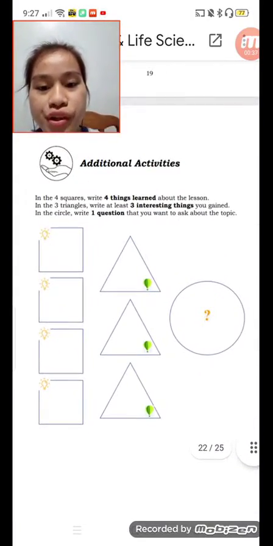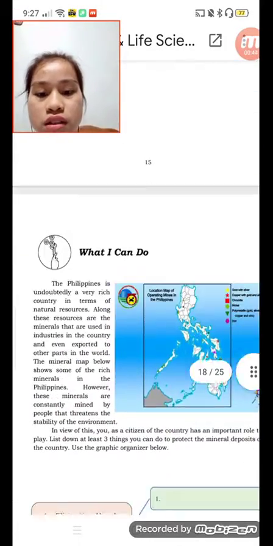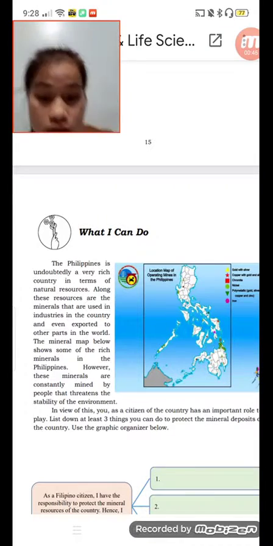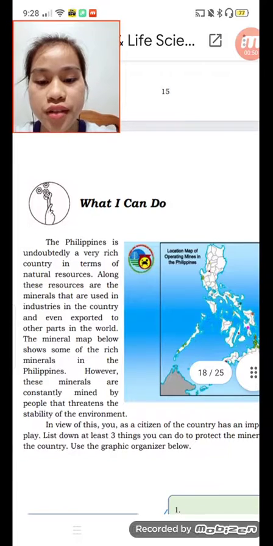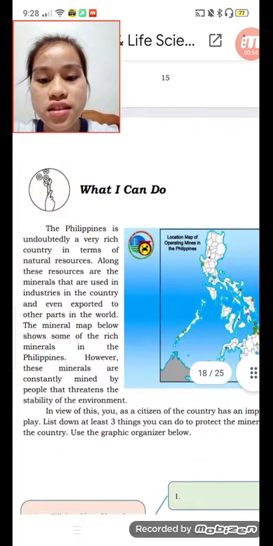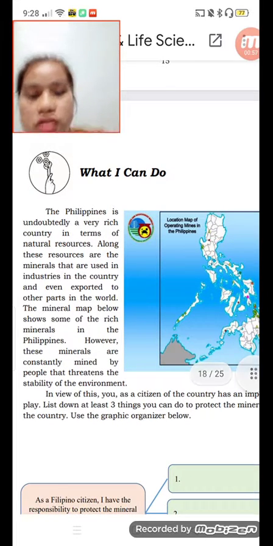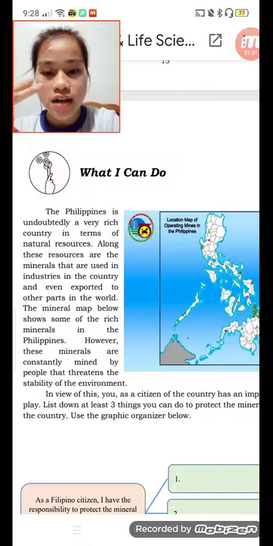In the first course, write 4 things learned about the lesson. The Philippines is undoubtedly a very rich country in terms of natural resources. Among these resources are the minerals that are used in the industries in the country and even exported to other parts of the world.